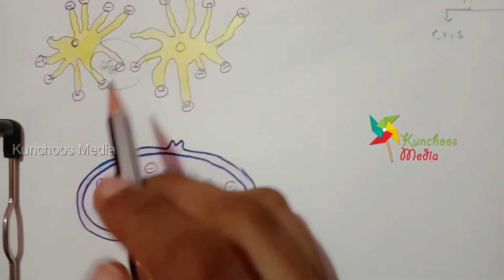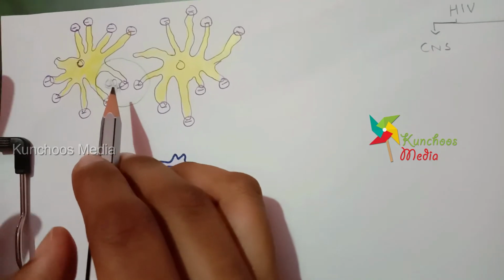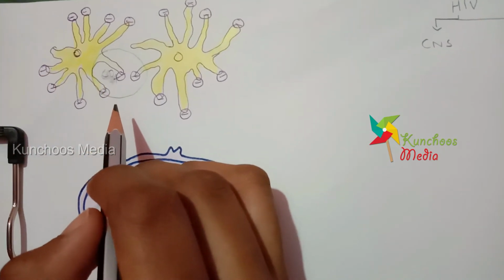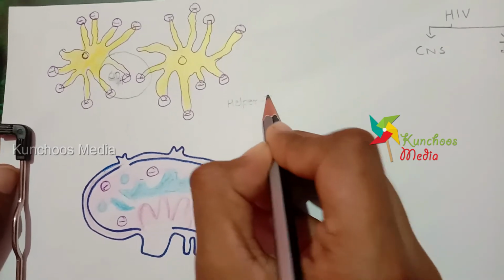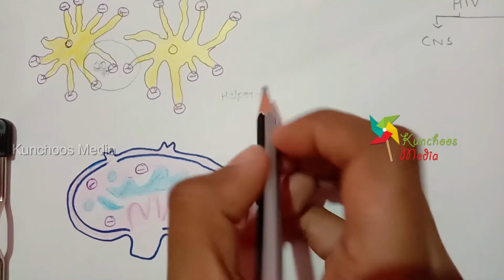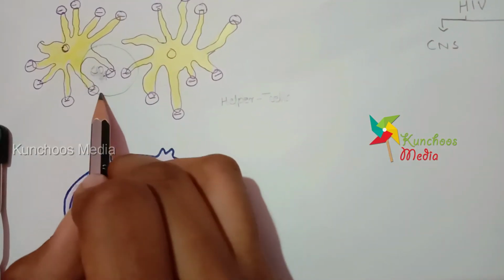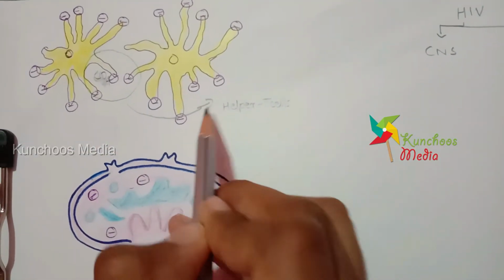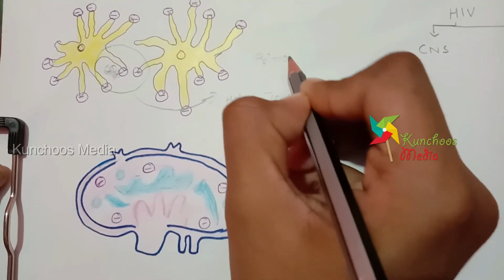Thereby, when CD4 cells are affected, our cell-mediated immunity is almost lost, and it also damages the helper T cells. We have 2 kinds of cells that help us in cell-mediated immunity, and one among them is the helper T cells. So the destruction of CD4 cells can result in damage of helper T cells as well, and this stage we call primary infection.